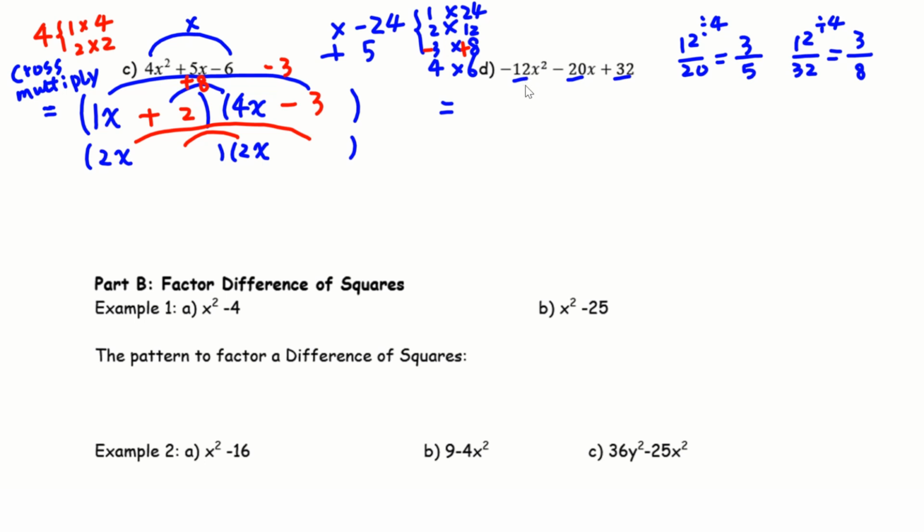And we don't want to see the negative sign in front of x squared, so we take negative 4, the greatest common factor, out. Each term divided by negative 4, it will be 3x squared plus 5x minus 8. You take the negative sign out, all the terms switch to the opposite sign.